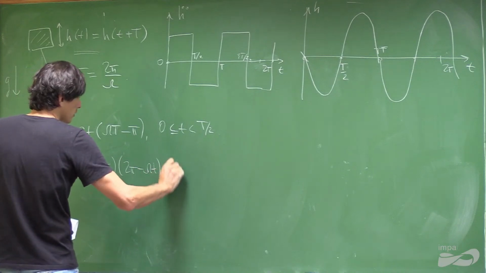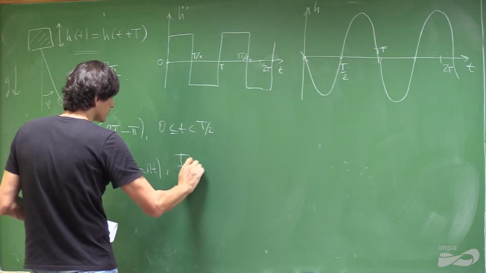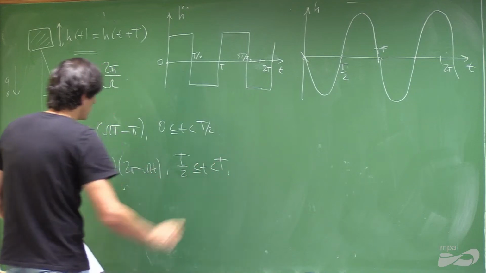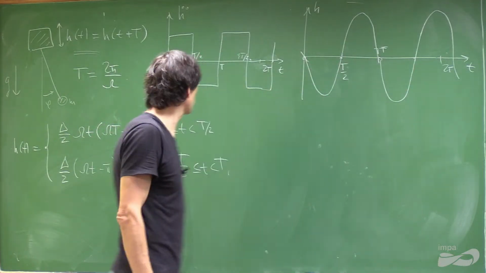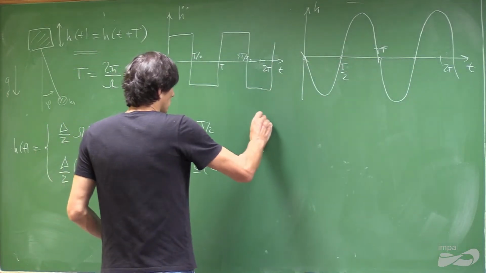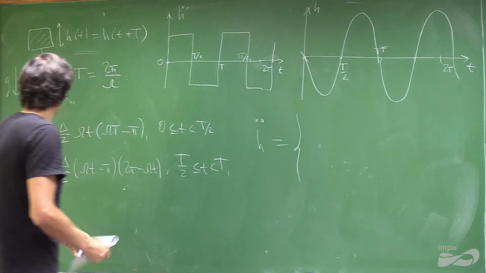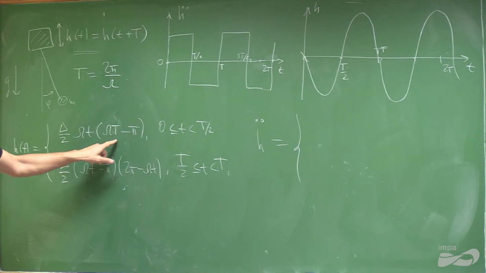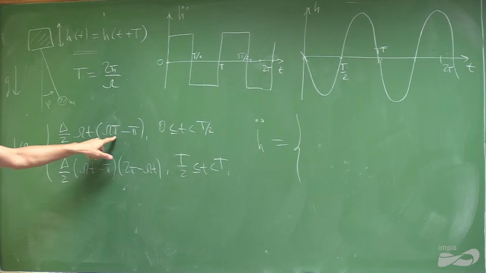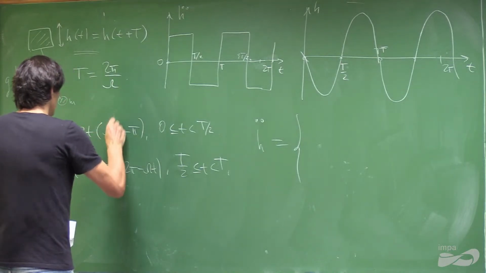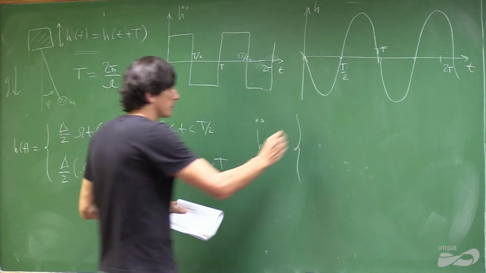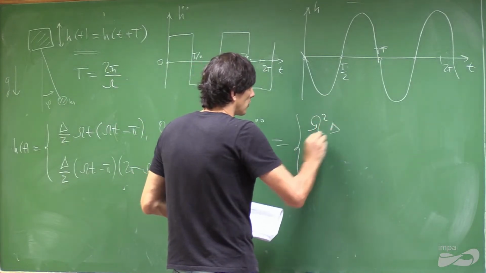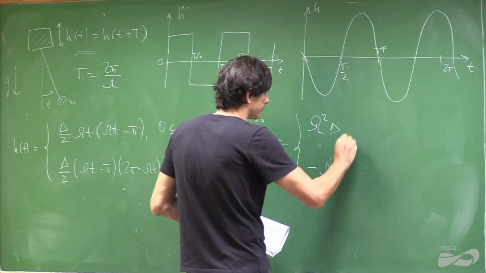So just check that it's correct. This is a formula of h, which is parabola and parabola, and then continue periodically. Then h double dot will, when you differentiate it twice, give you omega squared. The 2 will cancel, so it will be omega squared delta, and minus omega squared delta here.